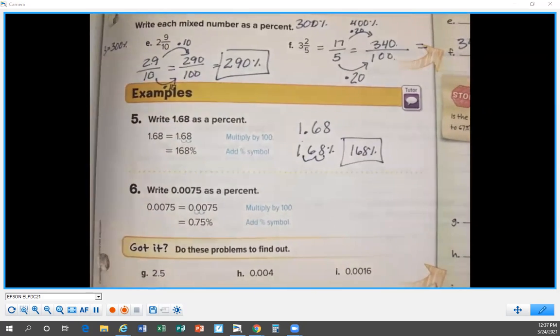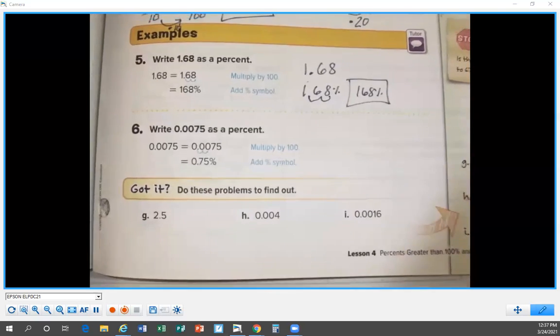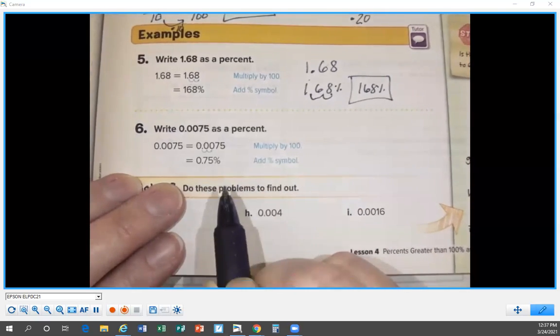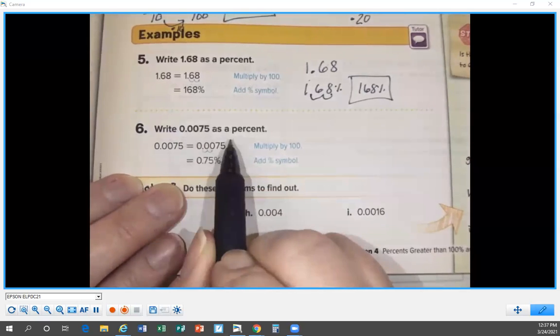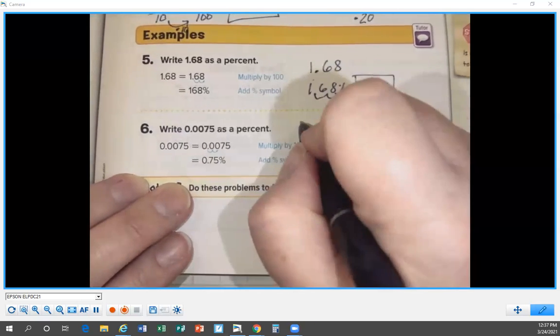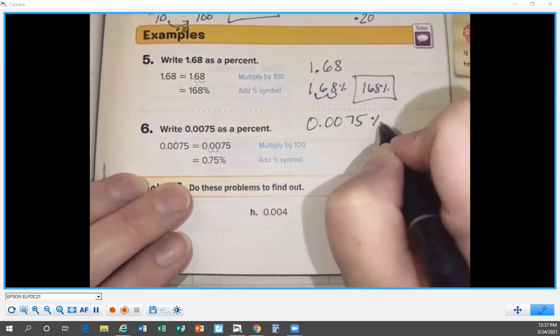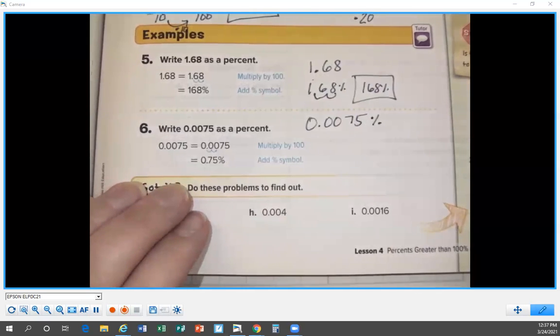Okay, example 6. This is tenths, hundredths, thousandths, 10,000ths. Write 75 10,000ths as a percent. So here, okay, we're going to add the percent sign, which is the same as dividing by 100.